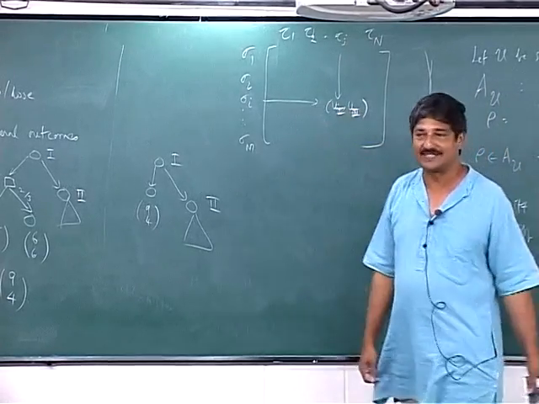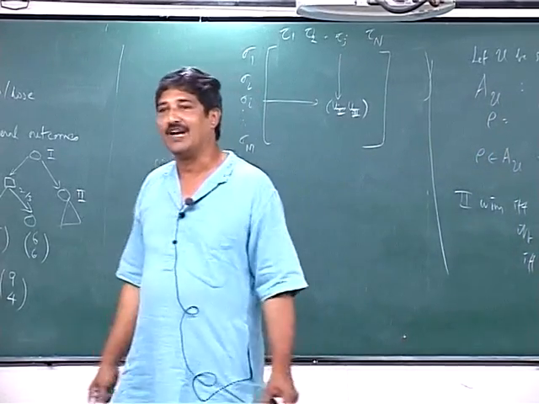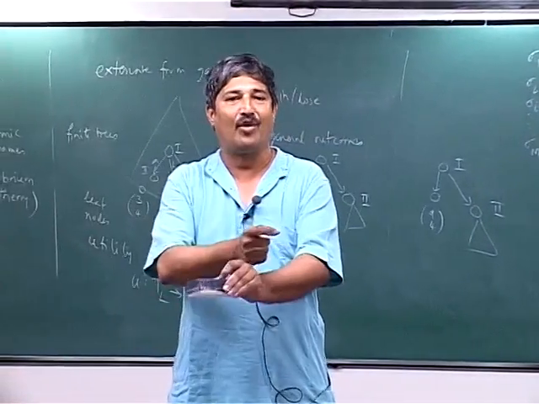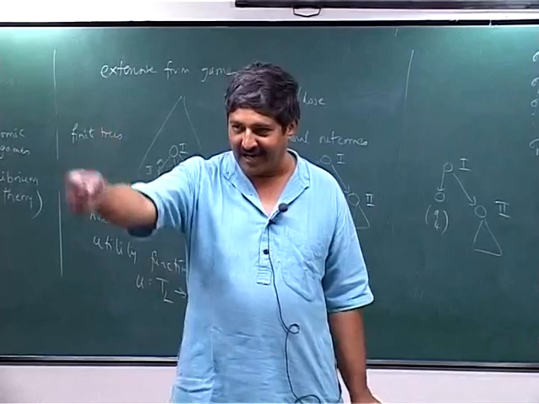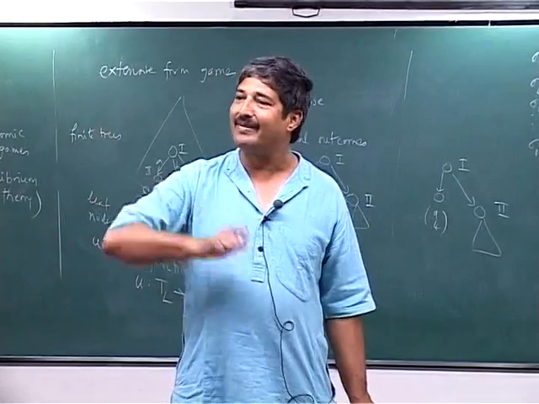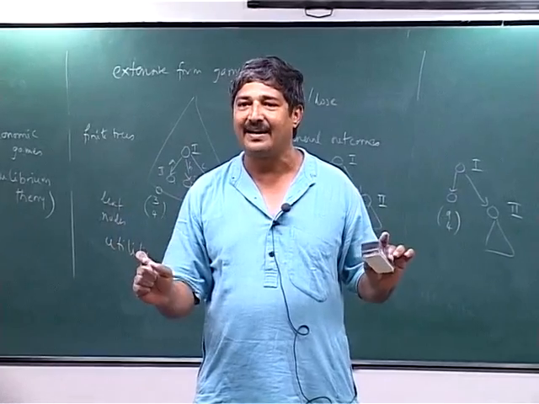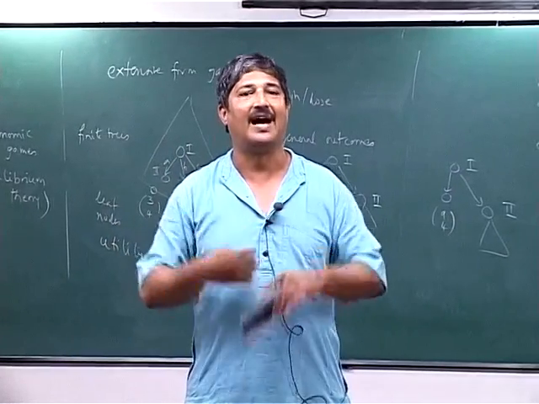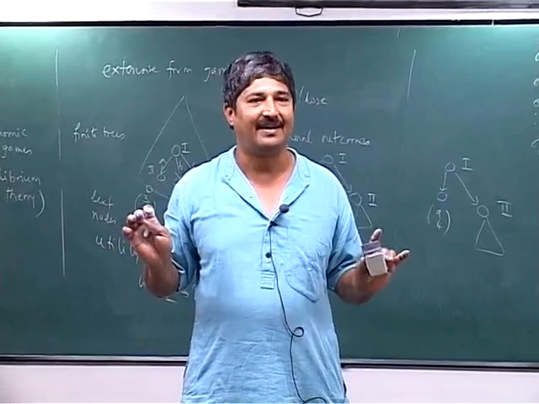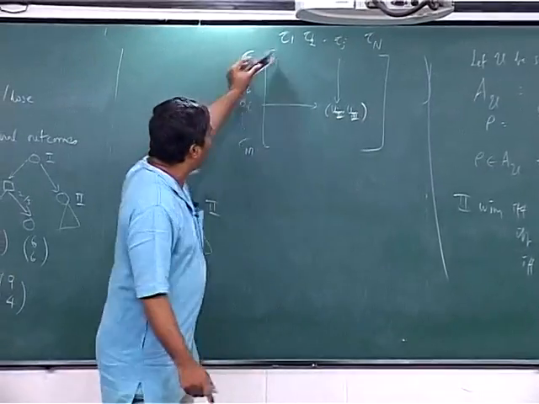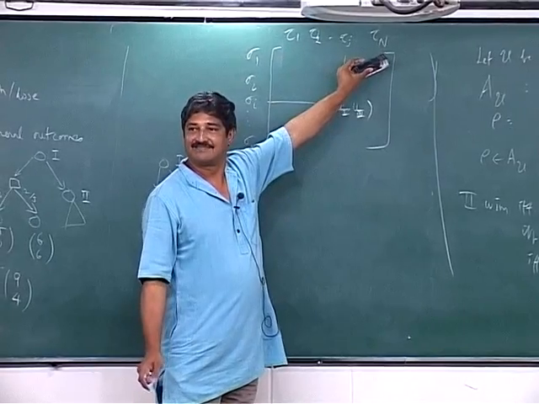So the only question is, what does it mean? I am coming to the game having made up my mind that I am going to play sigma i. You are walking into the game having made up your mind that you are going to play tau j. If that is so, what will happen? You will play according to tau j, I will play according to sigma i, right? The only trouble is, when I am walking into the game, I have no idea which one you are going to pick, right?